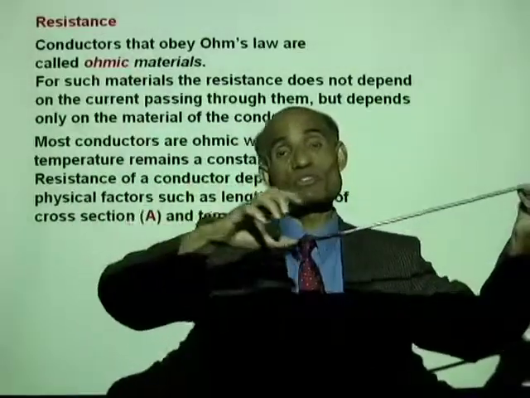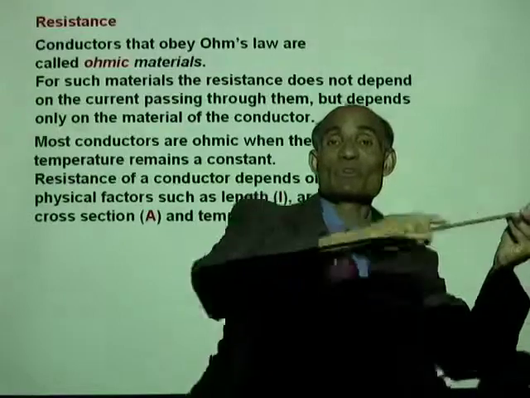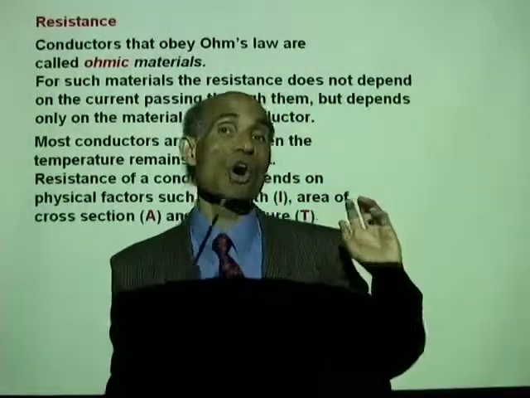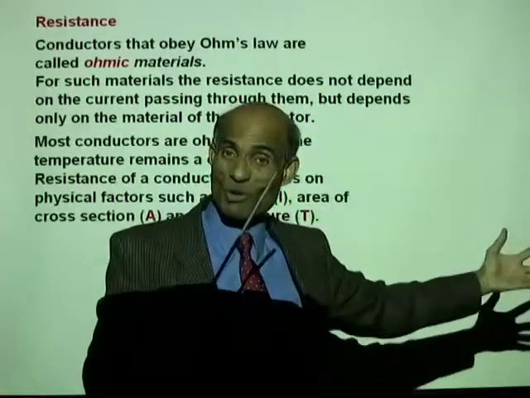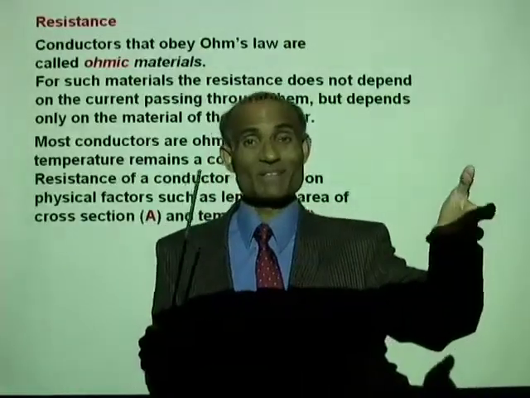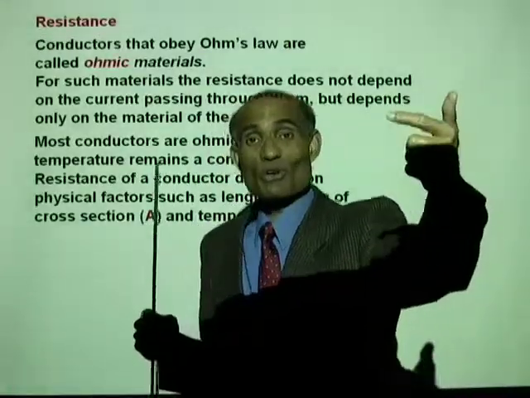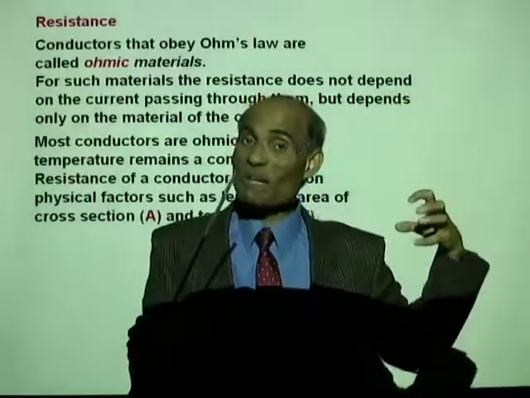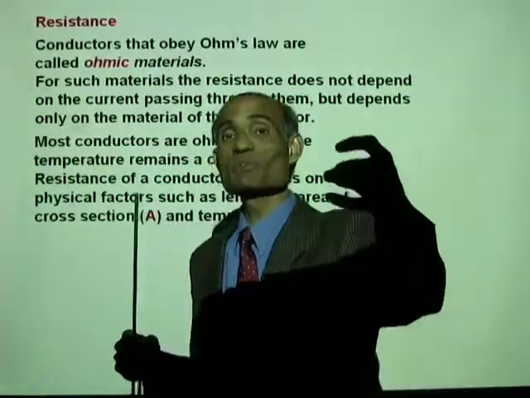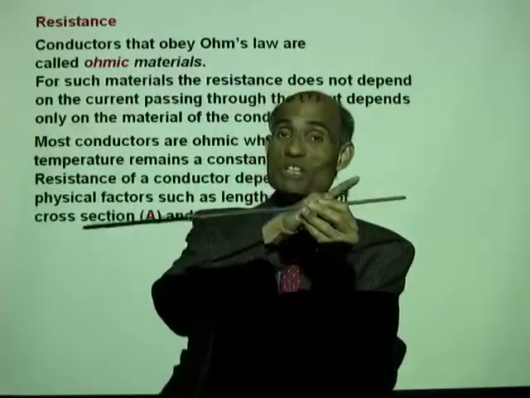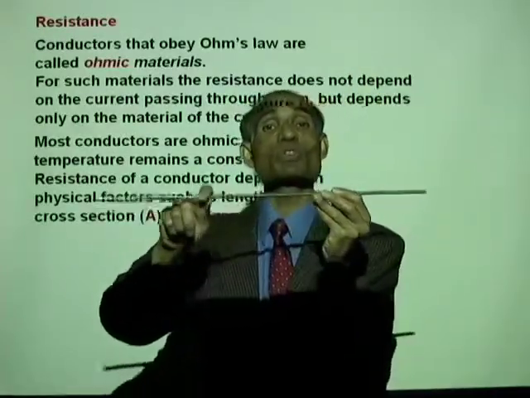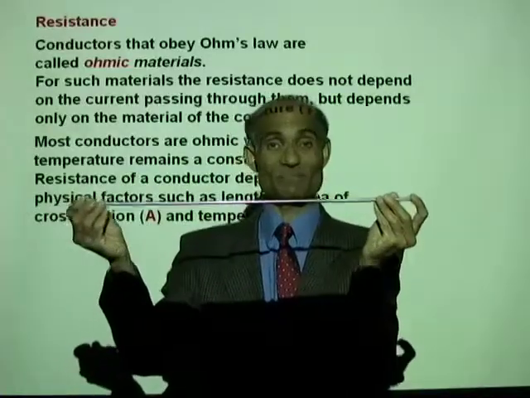That means the resistance is greater. You see, if you have a very long corridor and a large number of people have to pass through it, as the length of the corridor increases, it will be much more difficult for the people to reach the other end. So we can say resistance is directly proportional to the length of the conductor.